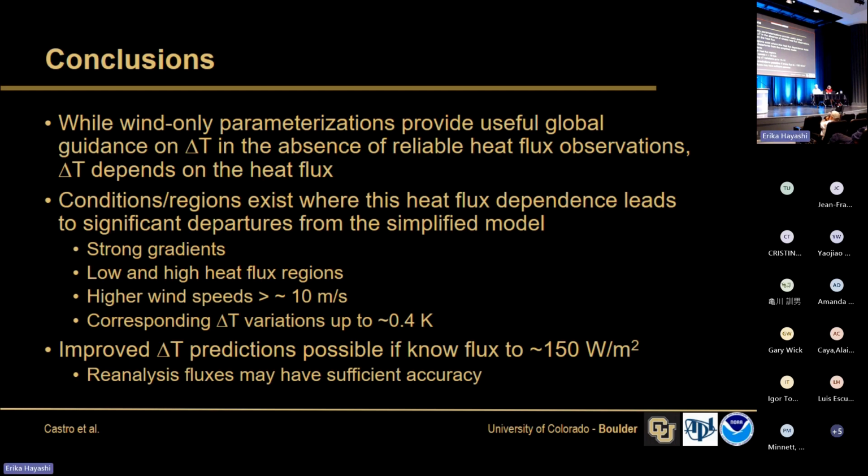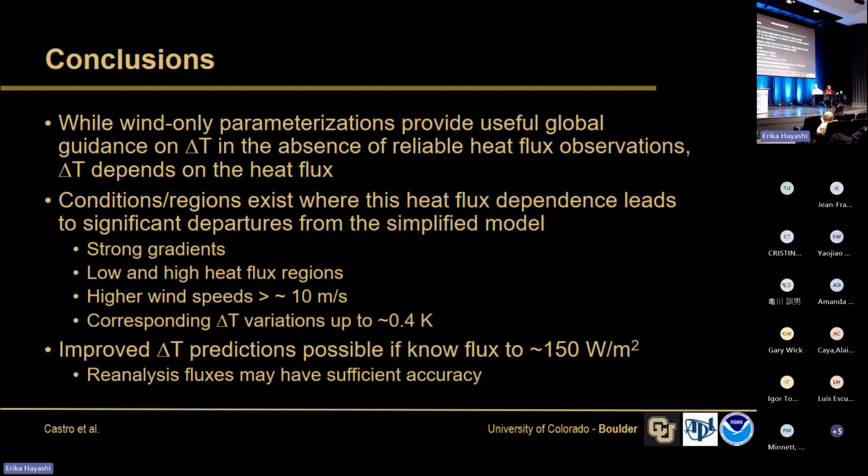Conditions under which this heat flux dependence leads to significant departures from simplified models are low and high heat fluxes, wind speeds greater than 10 meters per second, fronts, and the Arctic melt season.